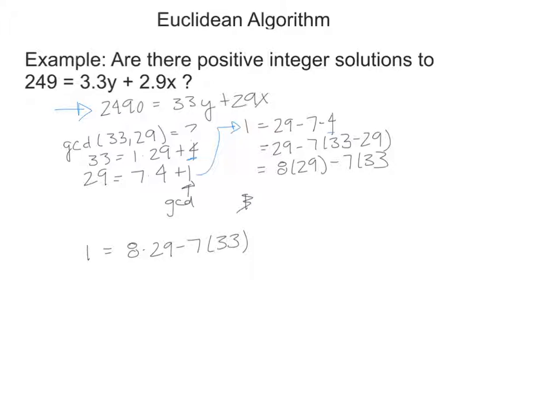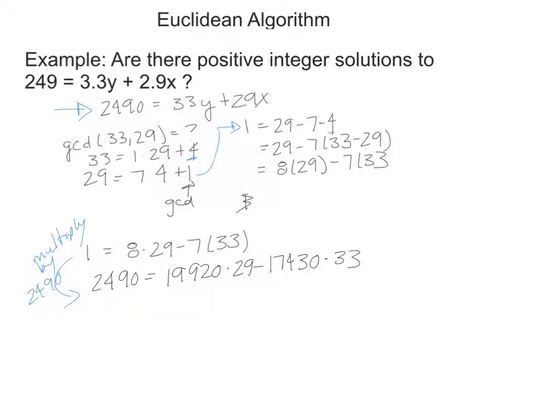But if I multiply the whole equation by 2,490, what I can get is 2,490 is equal to 19920 times 29 minus 17430 times 33. So now I have a solution with integers.